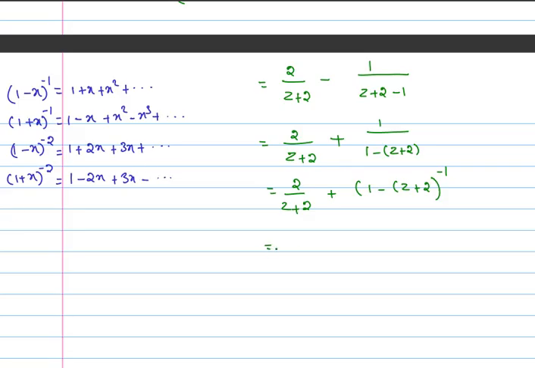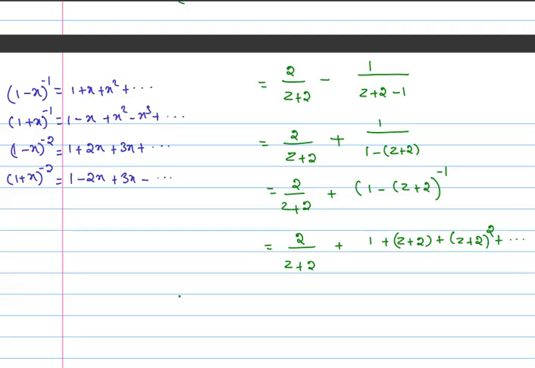So we will get 2 divided by (z+2) plus 1 plus (z+2) plus (z+2) the whole square and so on.